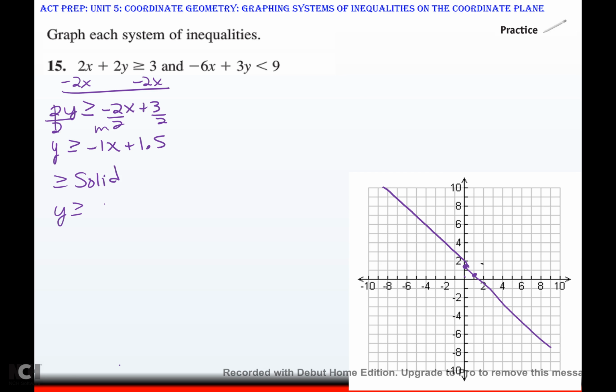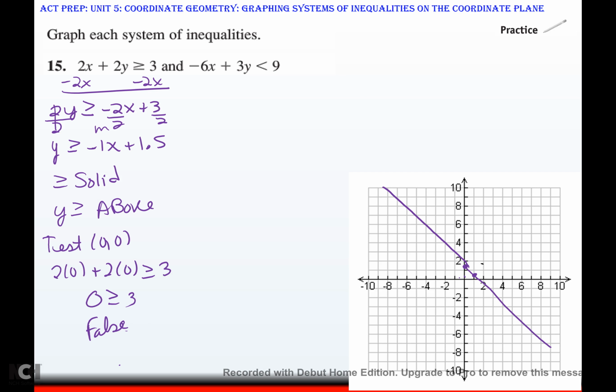And greater than or equal to y would suggest shading above, but let's test 0, 0. So 2 times 0 plus 2 times 0 greater than or equal to 3. 0 is not greater than 3, so it's false at 0, 0, which means I shade on the other side, which is above like I thought.